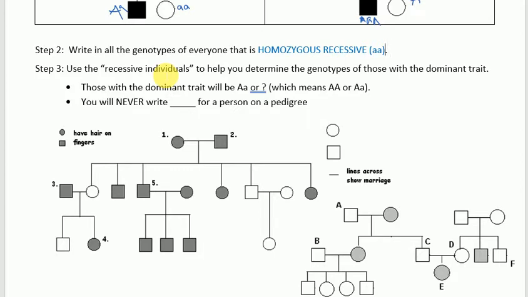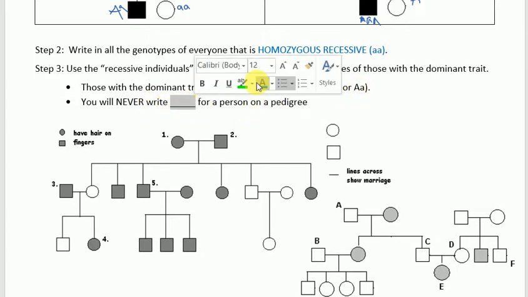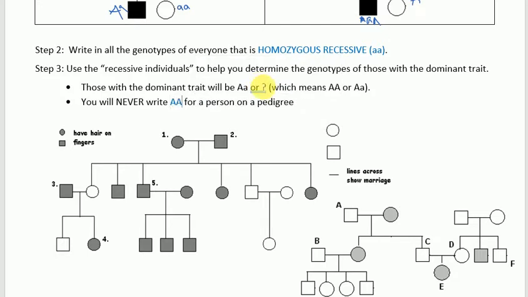So those with the dominant trait are going to be a big A, little a, or a question mark, because you're not sure. You can't determine if it's big A, or big A, little a. You will never, ever write two big A's for a person on a pedigree, because you just don't know.